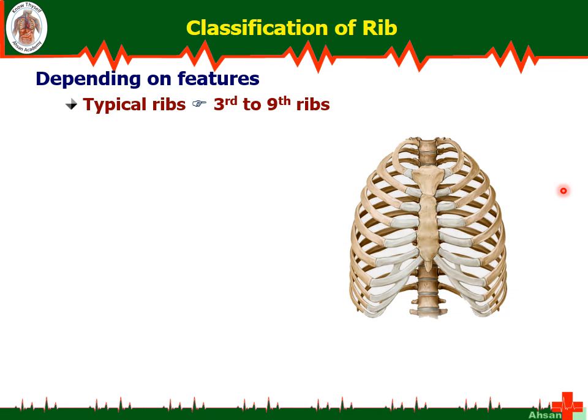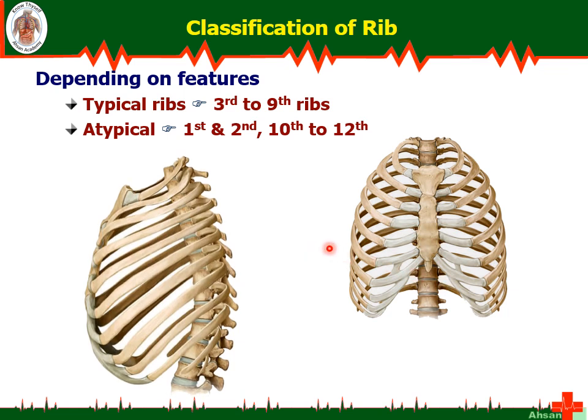Together these are known as typical ribs. The rest of the ribs, like the first rib, have some different features in addition to the general features, so these are atypical. In the same way, the second, 10th, 11th, and 12th are atypical ribs.